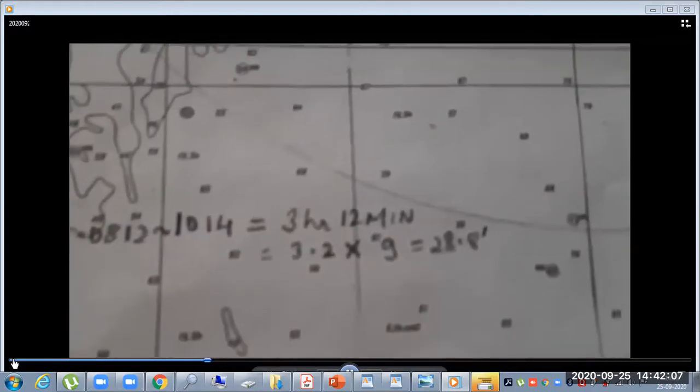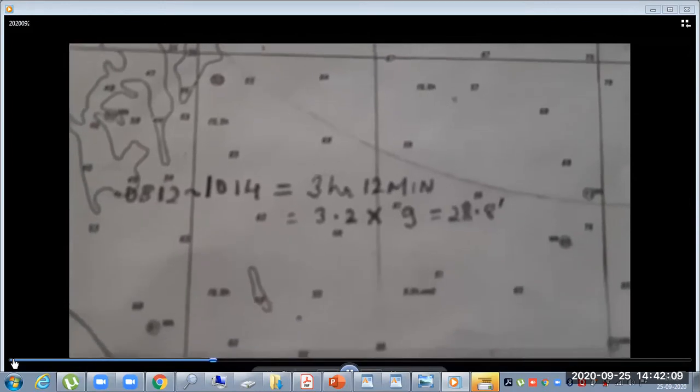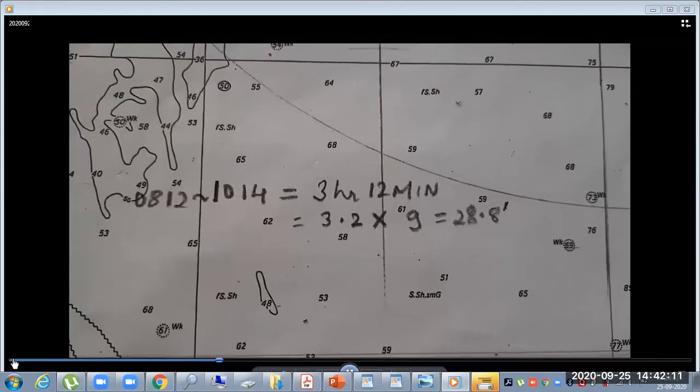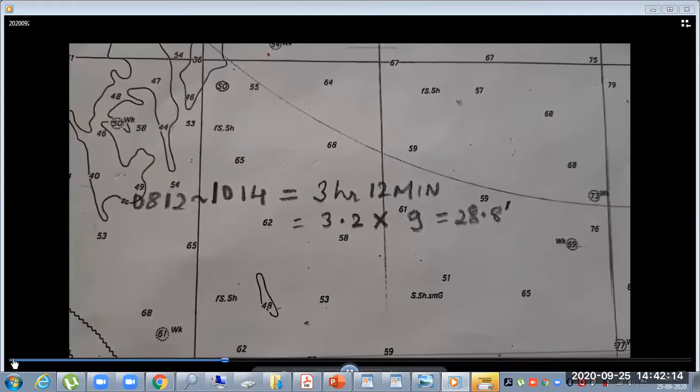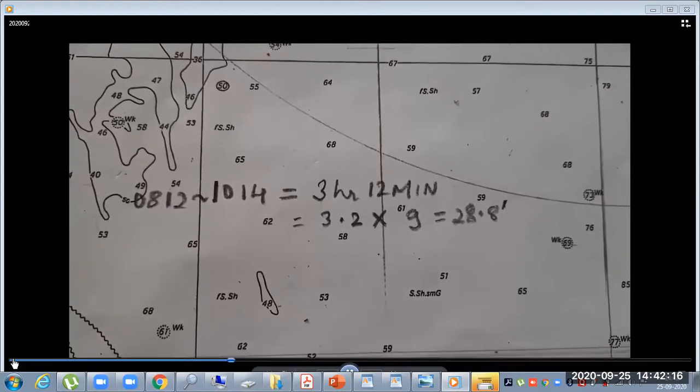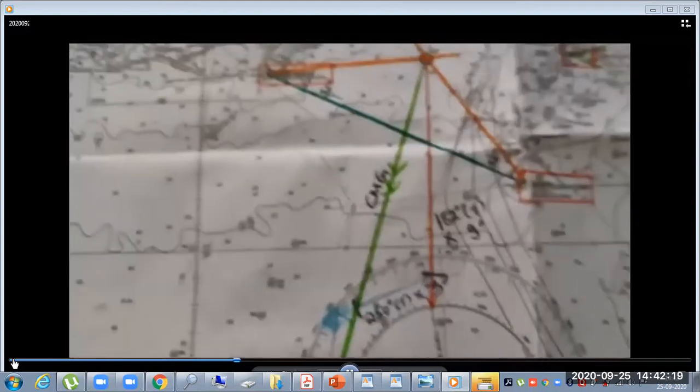We have time from 0812 to 1014, 3 hours 12 minutes. For 9 knots, 3 hours 12 minutes, the vessel will run 28.8 miles. So from this center, the vessel will run 28.8 miles to get the estimated position. This is our estimated position, EP at 1014, if the vessel was assumed to be running from this center.